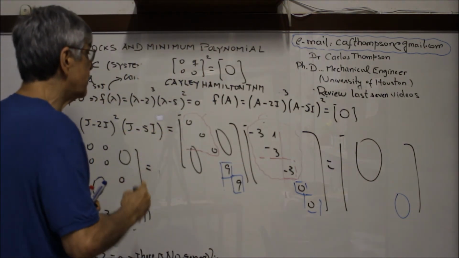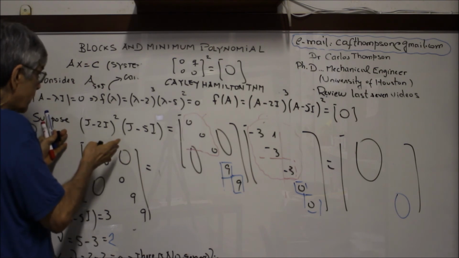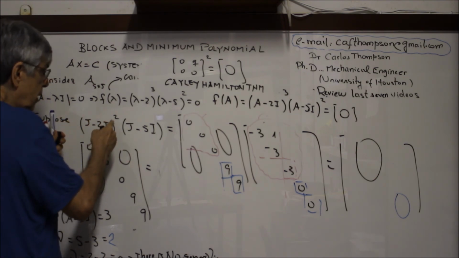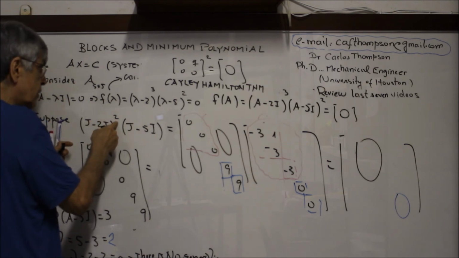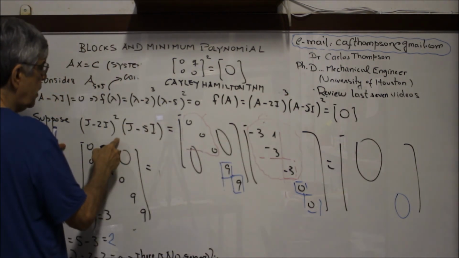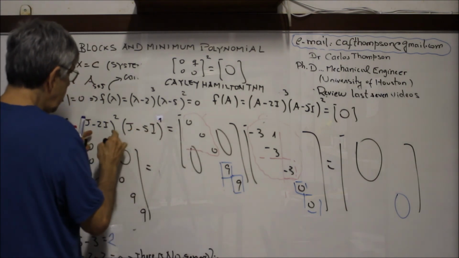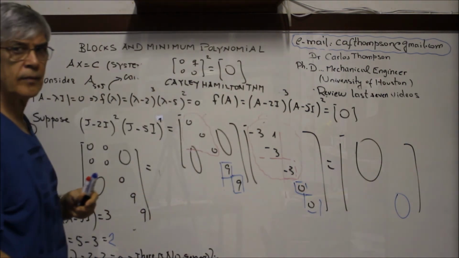But we found here that there are exponents less than these 3 here, this is 2, this is 1, for which this product also gives 0.